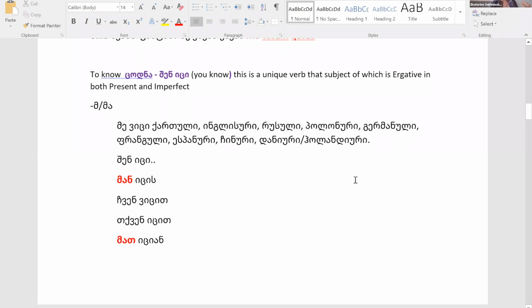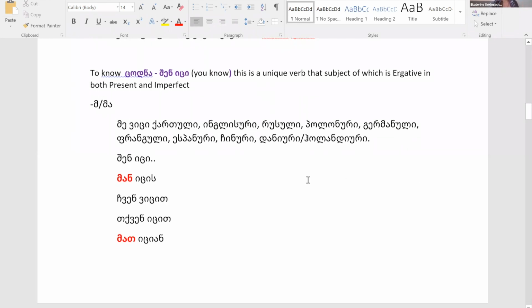Steven, ra ena itzi shen. So ena is the language, and the plural is enebi. Ra enebi itzi shen, Steven. Me vitsi.